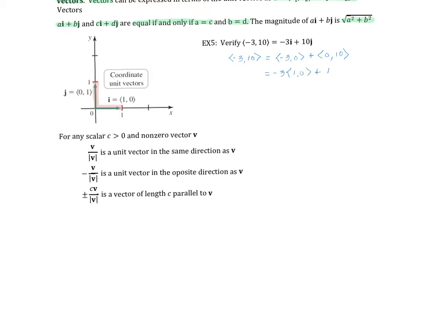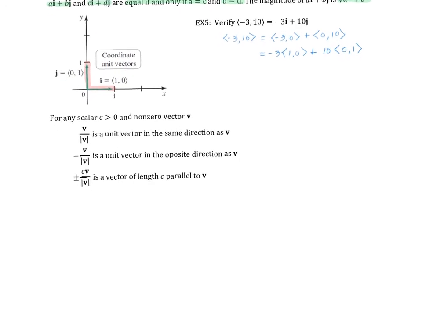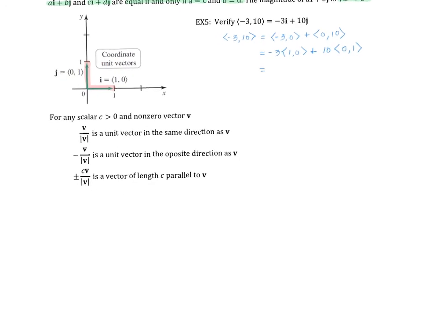In the second vector, I'm going to bring out the 10 and multiply by the vector 0, 1. So the vector 1, 0 is simply our i vector, and the vector 0, 1 is simply our j vector. So we've just verified that given this particular vector, we can write it in terms of the unit vectors i and j. And that will be true for any vector.